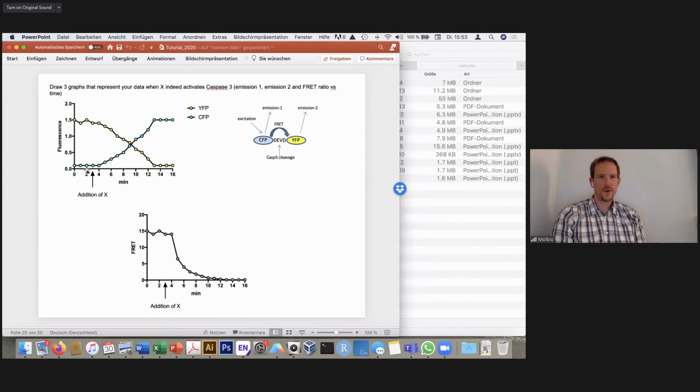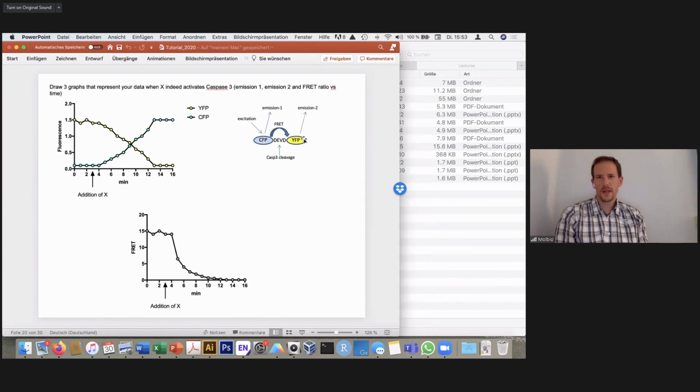In the beginning, before you've done anything, you will mainly read the yellow fluorescence. Now you give the substance X, and X is an activator of caspase 3. It will cleave in here, meaning these two fluorescent proteins will leave their 10 nanometer proximity, so you will not see the FRET emission anymore.